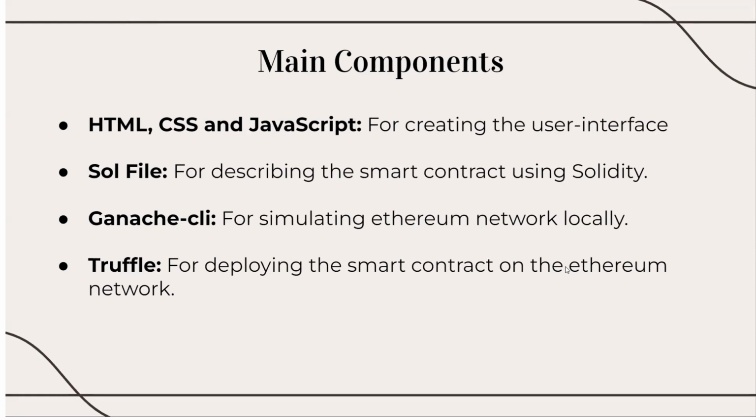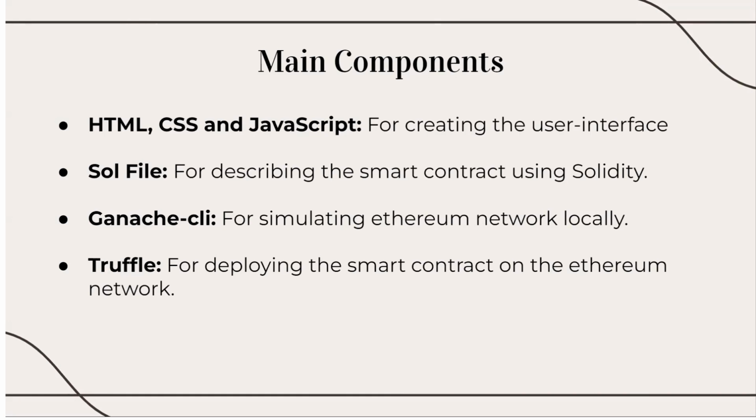So the main components or the building blocks of this application are the UI parts, which are the HTML, CSS, and JavaScript files. Those are basically used for creating the user interface. The sol file or the Solidity file is basically describing the smart contract that our voting application is based on, using Solidity framework.